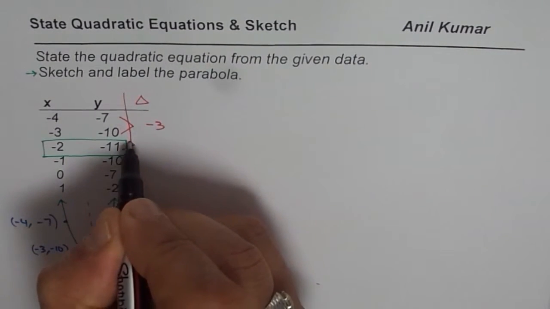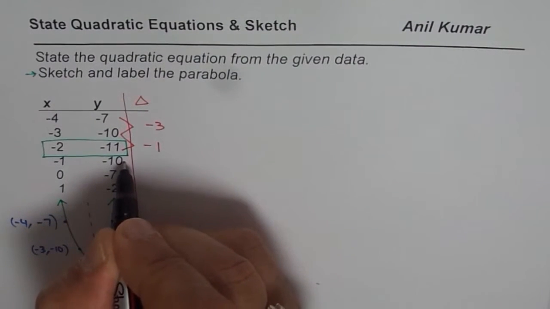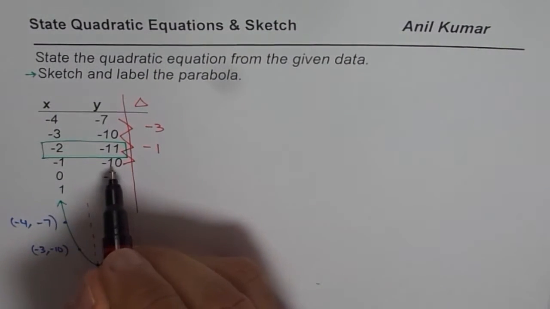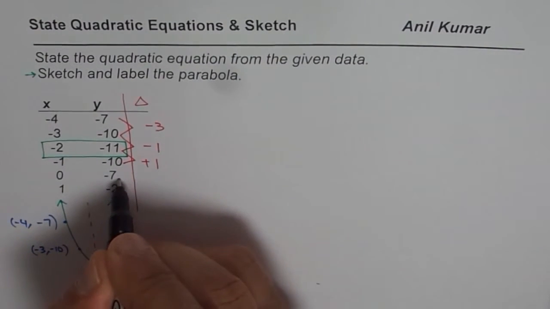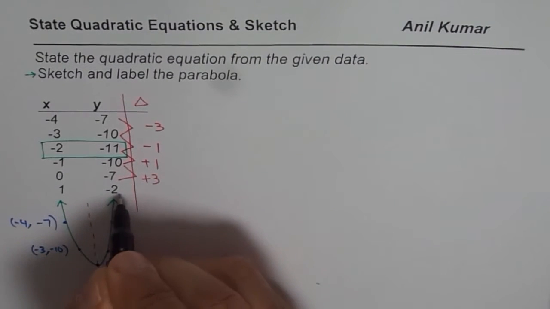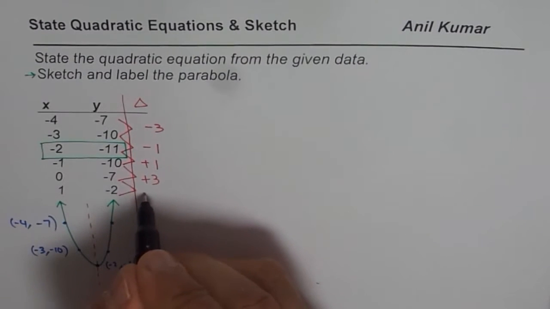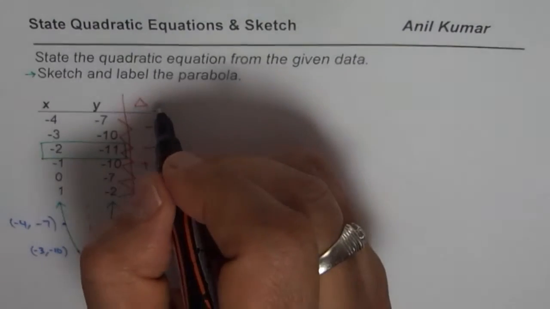And -11 minus -10 will give me -1, -10 minus of -11 gives me +1, and -7 minus -10 gives me +3, and -2 minus -7 gives me +5. So that is the first difference, and clearly first difference is not constant, right?